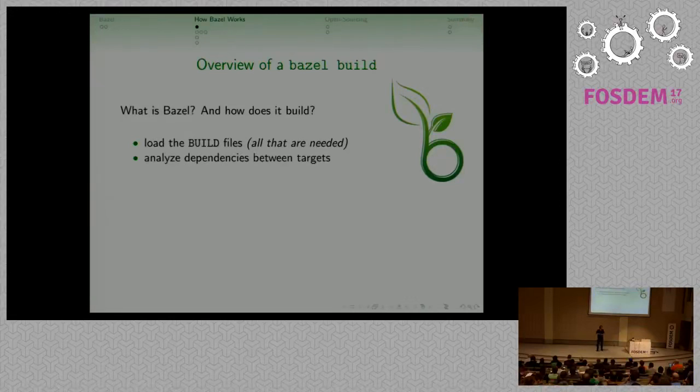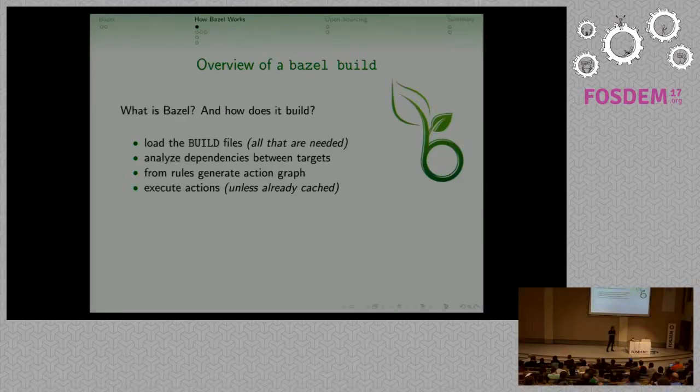You just read and construct the whole graph of all the dependencies you have recursively, but it's all in the same process. From that, you decide which actions you need to do, so which invocations of the compiler and so on, and then you execute them, except if you've done the same command already with the same input, because then you don't have to do it twice. So, generally a generic build tool.